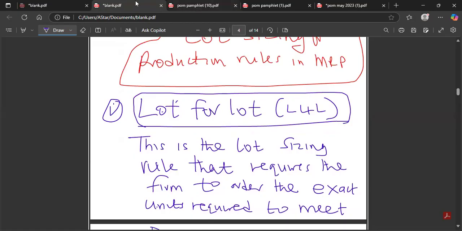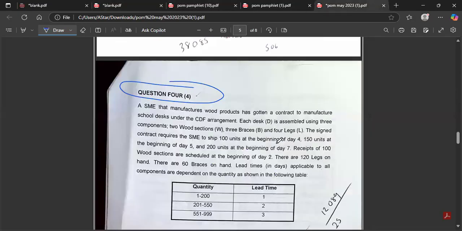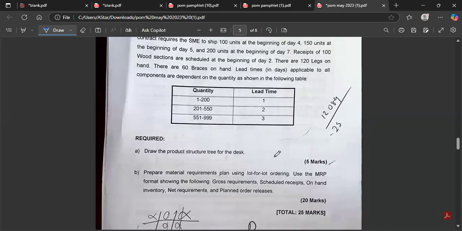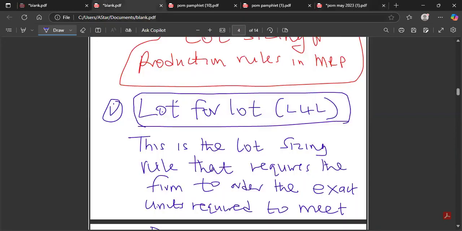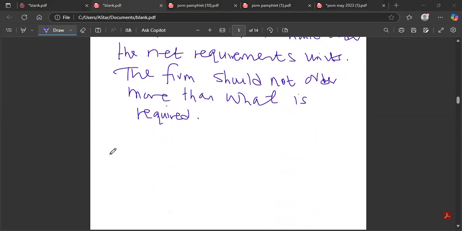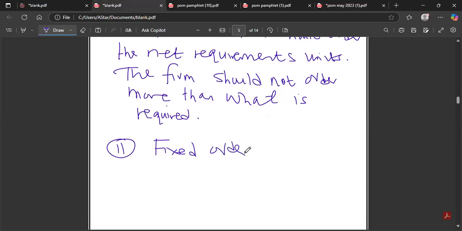Okay, then the other one is the fixed ordering policy. On the fixed ordering policy, number 2, fixed order quantity.